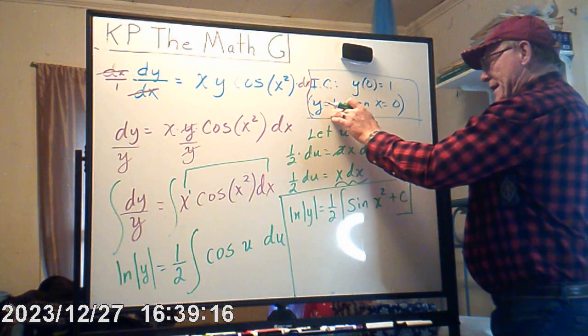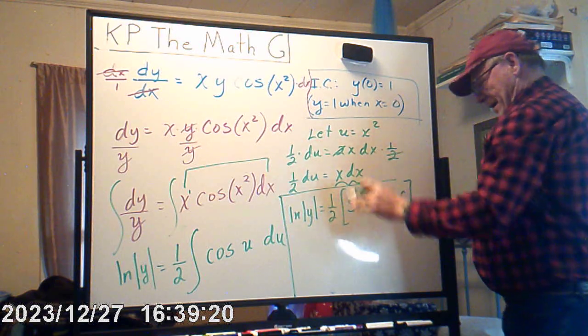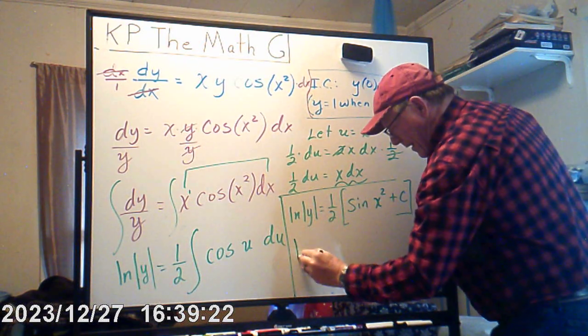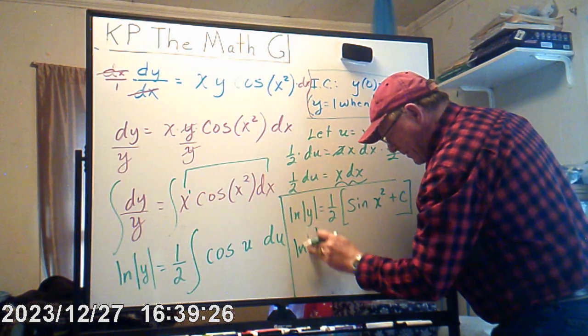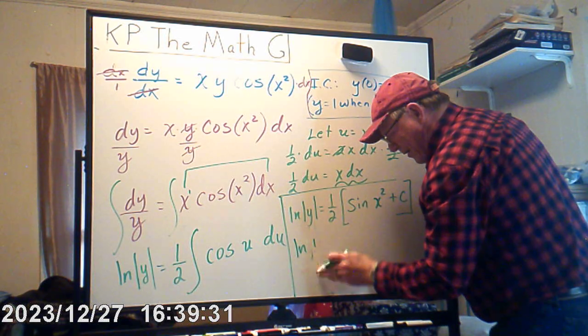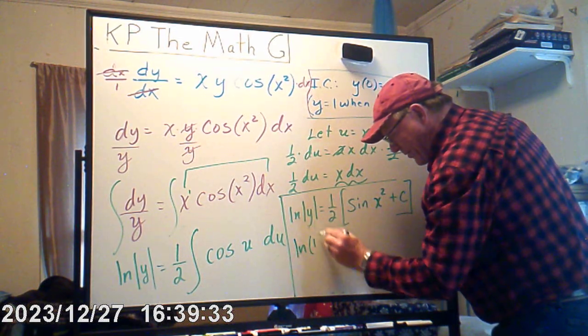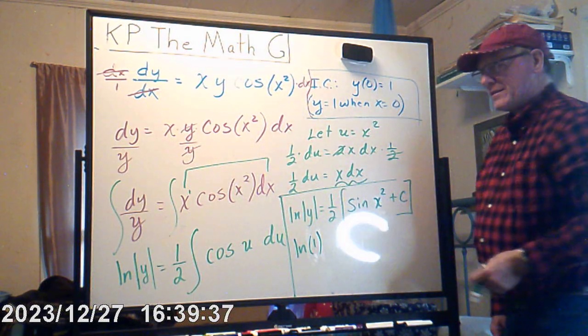Y is 1 when x is 0. Alright, so y is 1. ln 1, and since 1 is positive, we do not need the absolute value bars. I should have noticed that from the start, that 1 is not a negative number.